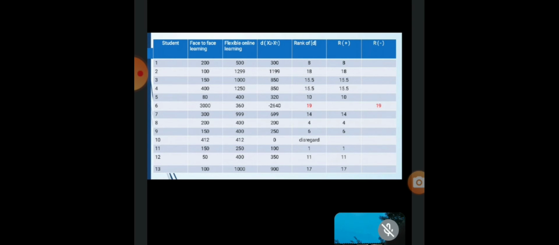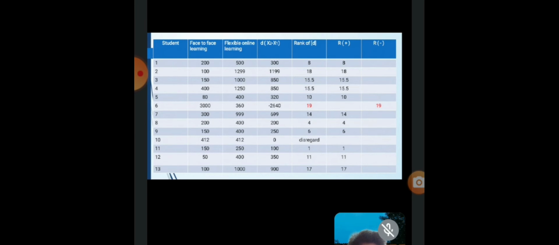Next po. Sunod naman po natin is 320. Ngayon po ay wala naman pong iba rito na value na 320. Nag-iisa lang din po.